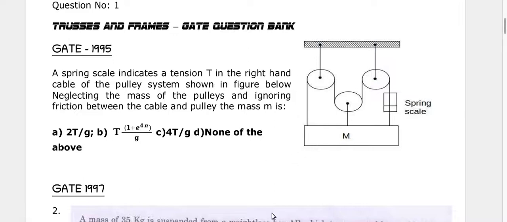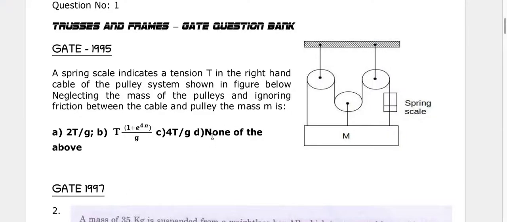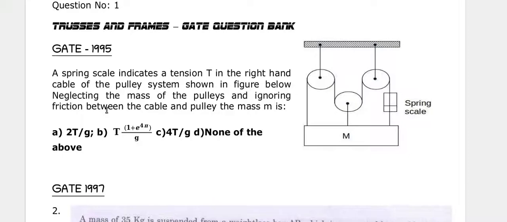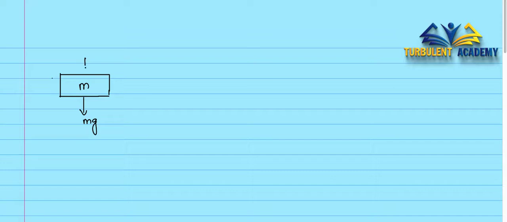So first I'll try to draw it, and this is going to be mass M. Let me write M over here. So what we'll have is mg over here. Now they have indicated tension T in the exact question, and I'll just draw the diagram.